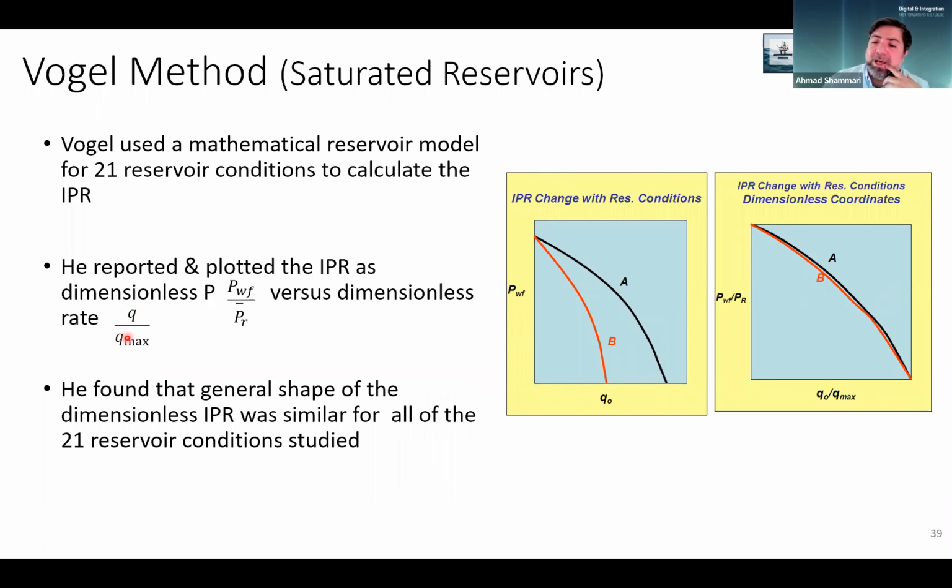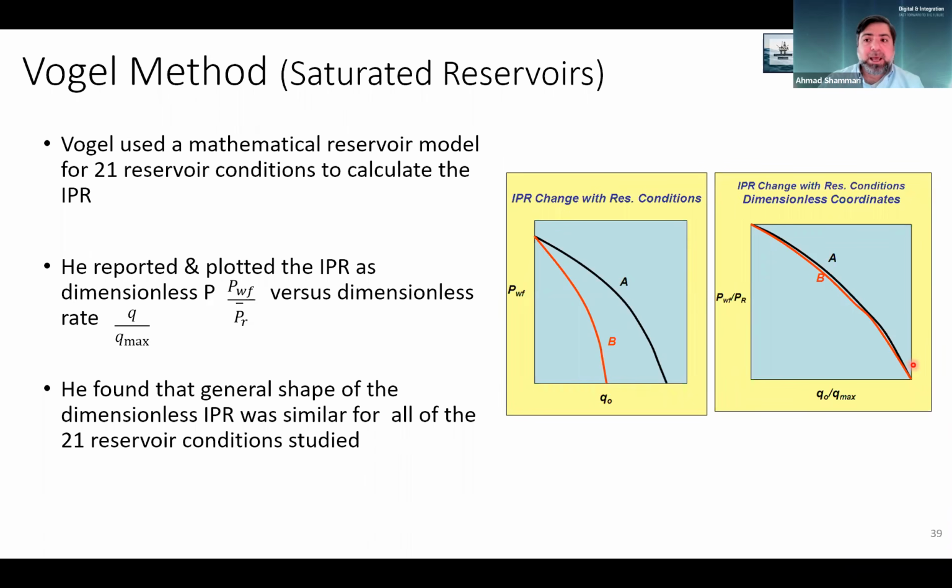And he found a very interesting phenomenon. He found that for all 21 reservoirs, when he plotted p_wf divided by p reservoir on the y-axis versus Q divided by Q max on the x-axis, all of them almost overlapped into a nice shape.